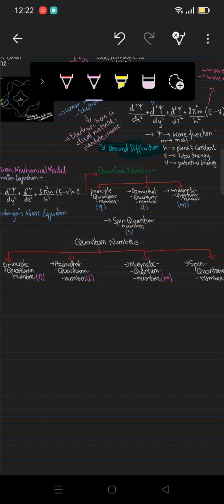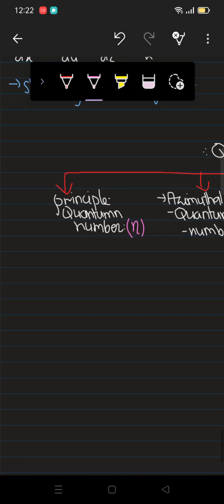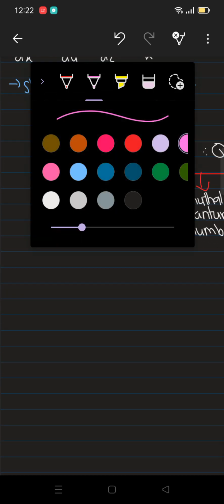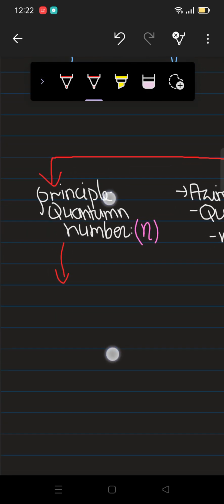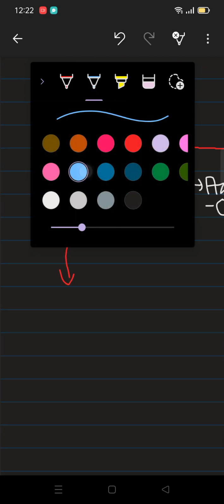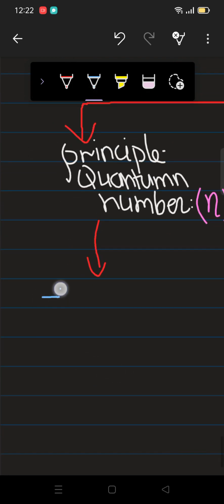Now, what is the principal quantum number used for? The principal quantum number tells us about the size, how big it would be. Size means it tells us about the shells.